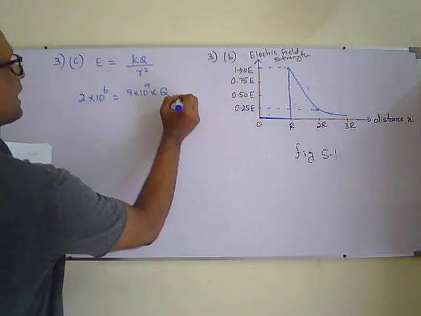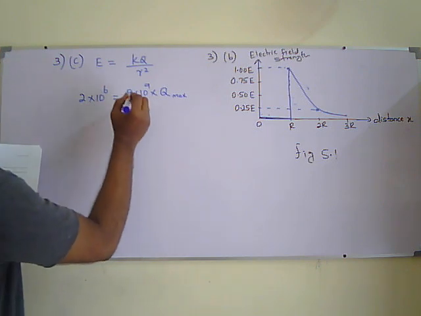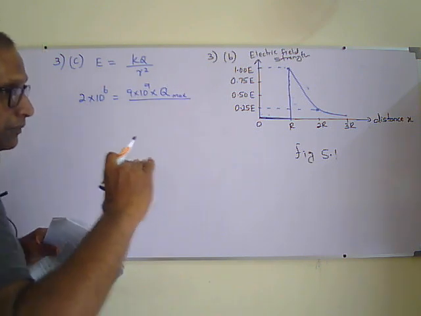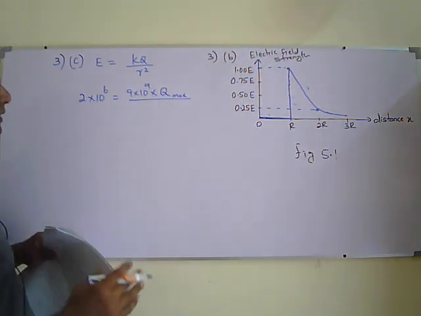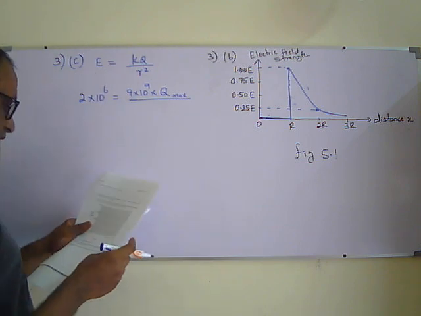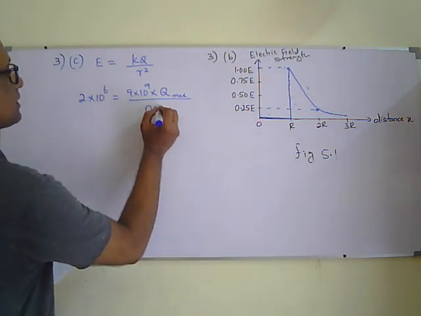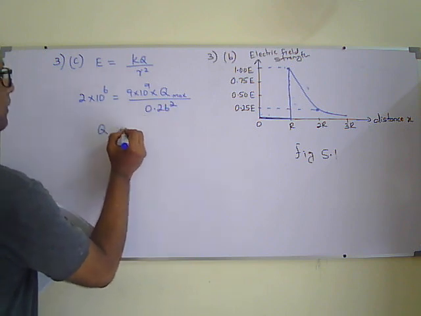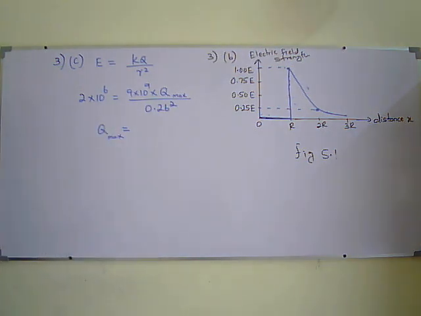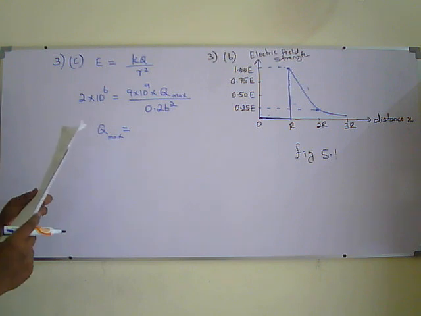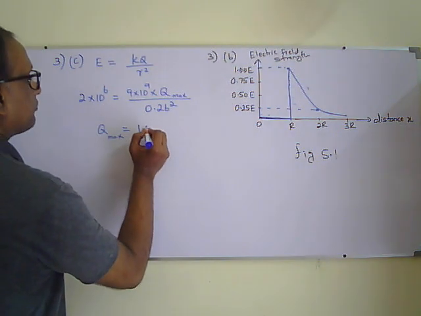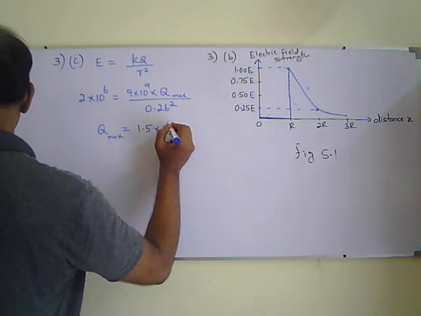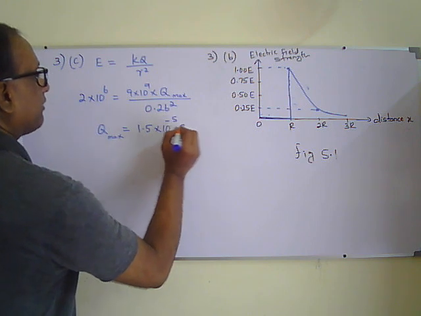They ask you to find the maximum Q, because this is the maximum field strength that can be sustained without any spark, right? The radius is given, that is 0.26 squared. Solve it and you will find the maximum charge that can be on the surface just before breakdown, right? So you will get 1.5 × 10^-5 coulomb.